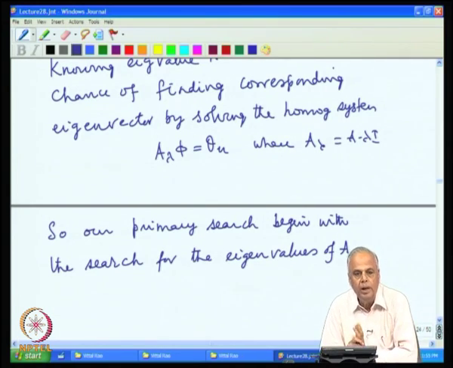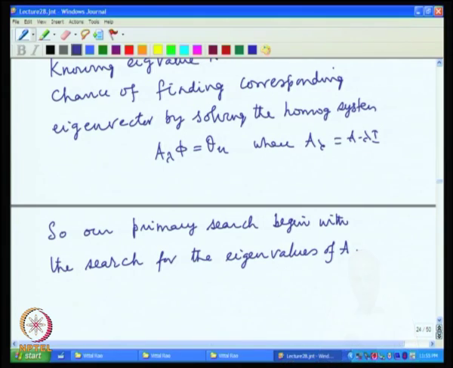Therefore, our next study will be, given a matrix A, where do I look for eigenvalues? I know that the eigenvalues must be real numbers. So, I must be looking for the eigenvalues among the real numbers, but there are infinitely many real numbers. Where do I go and search for them? So, I must narrow down my search, but if my search is in an infinite set, it is a hopeless task.